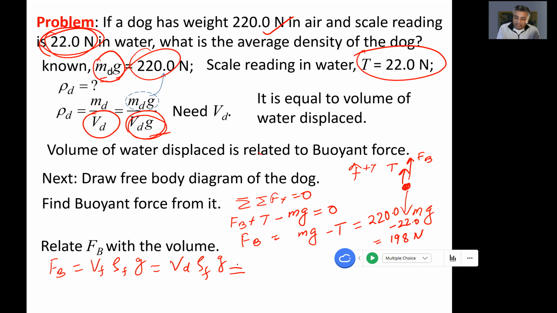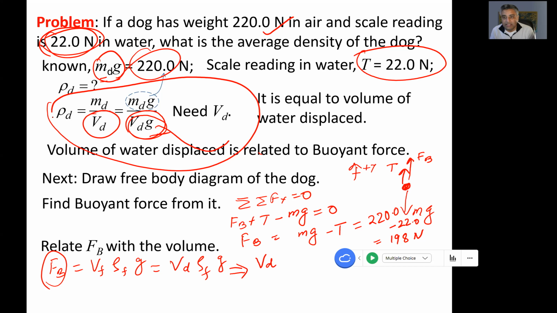So this means we can find the volume of the dog now because we already know FB. We know the number, right? But since in our original equation, where we have density of dog, that's what we are looking for, we need both of those. So why bother dividing by G? Just leave the G right there, right?